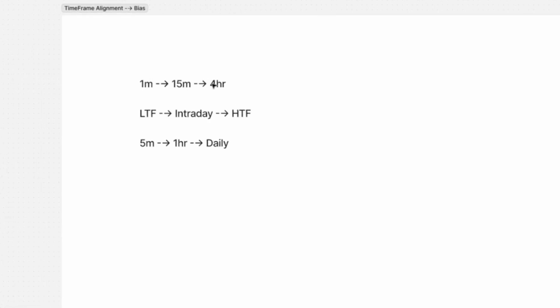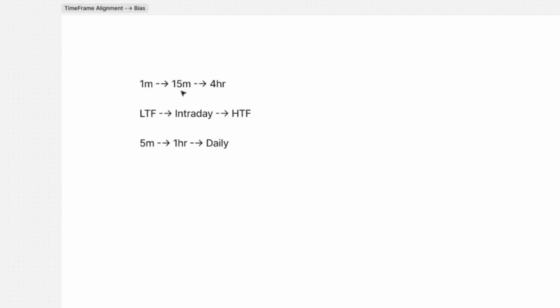For the most part, if we look at an example, we look at the high time frame to find our narrative. Then we wait. I'm gonna go based off the 1, 15, and 4 hour here because that works for me for the most part. We use the 4 hour as a high time frame bias, and then we wait for that 15-minute here to either do two things. We align with the high time frame. Let's say the high time frame is bullish.